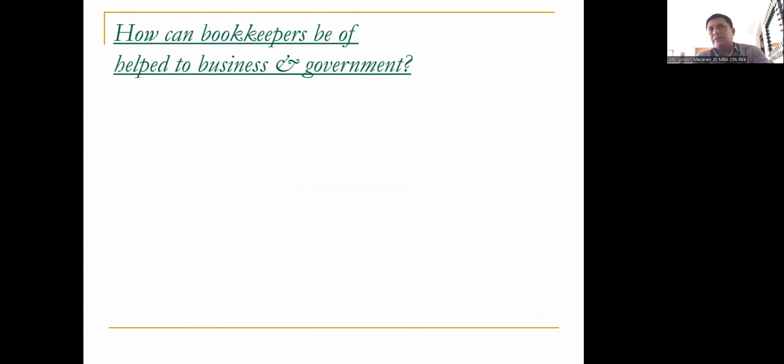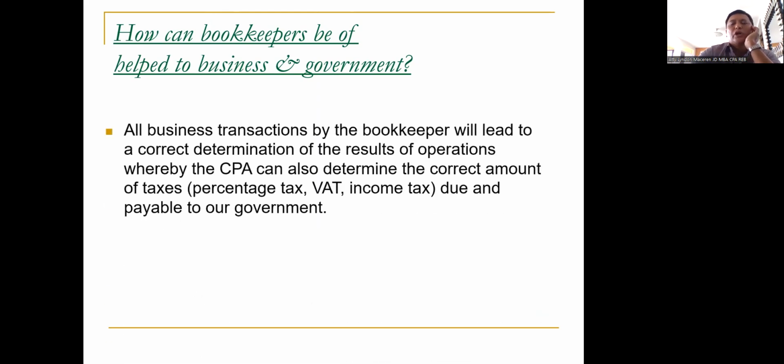So how can bookkeepers be of help to business and the government? We're talking about bookkeepers, not the accountant. All the business transactions recorded by the bookkeeper will lead to a correct determination of the results of operations of the business, whereby the CPA can also determine the correct amount of taxes, whether percentage tax, VAT, or the value added tax, or the income tax due and payable to our government.